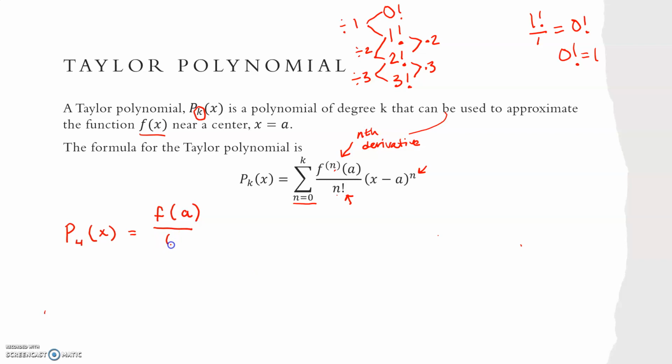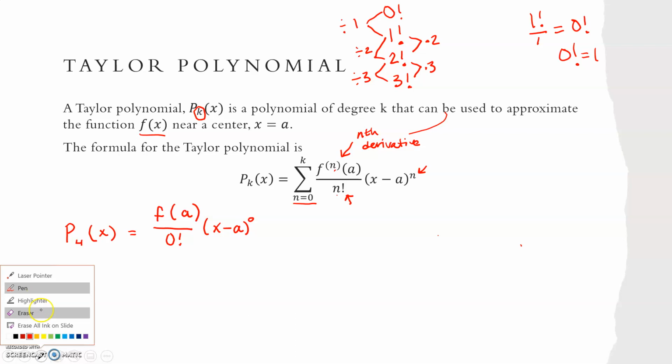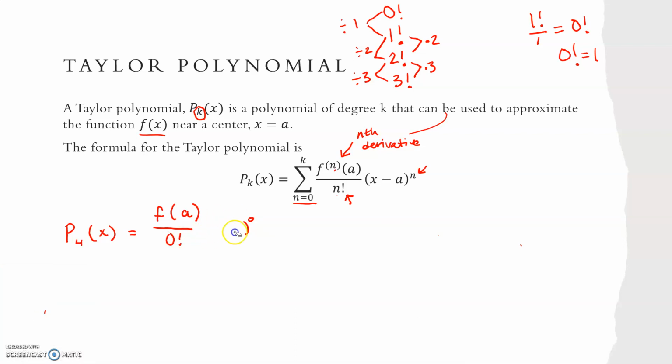And then I'm going to divide by 0 factorial, which is 1. And then I'm going to do x minus a to the 0 power. Well, I don't need to write all that stuff down, because anything to the 0 power would just be 1, and 0 factorial is just 1, so I would start with f of a only. So I have f of a.